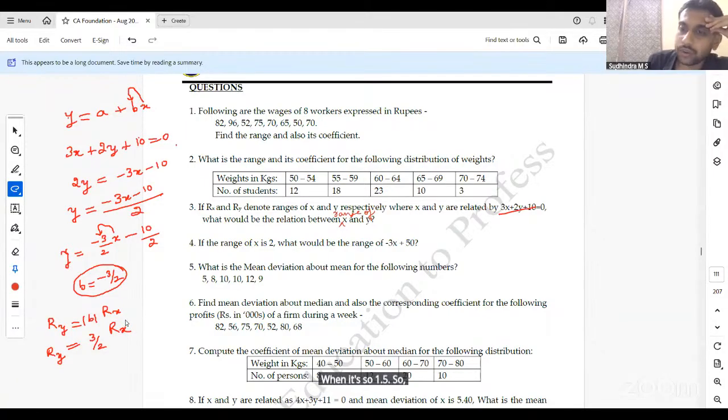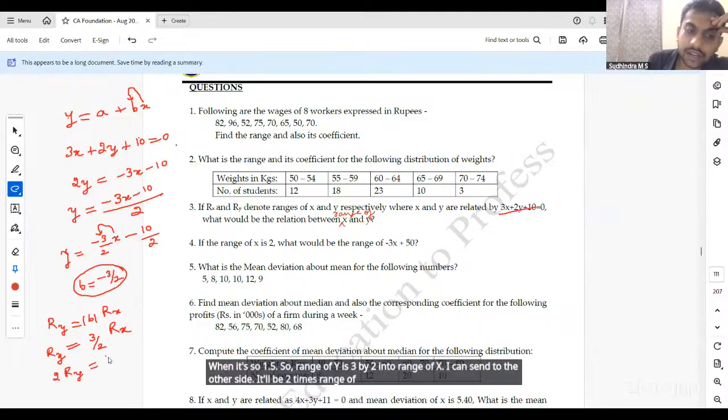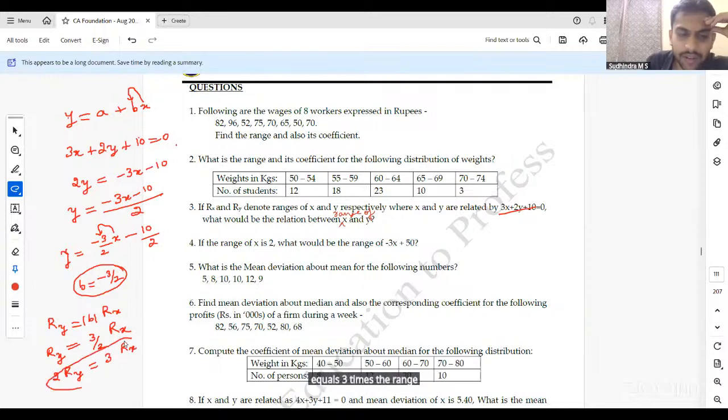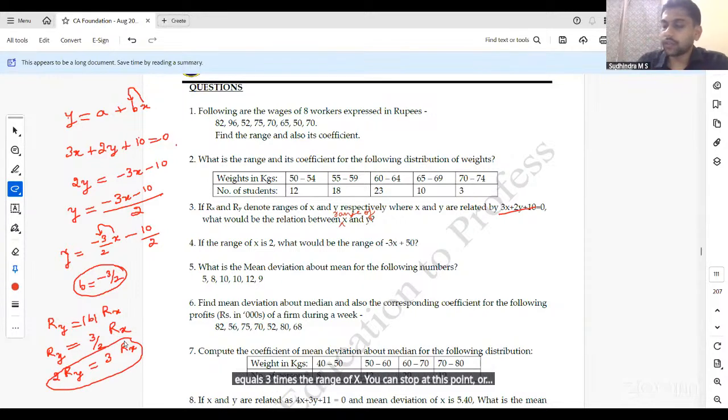Range of y is 3 by 2 into range of x, which is 1 is to 1.5. I can send 2 to the other side: 2 times range of y equals 3 times range of x. You can stop at this point, or we can bring it into the form of ratios. Absolutely fine.